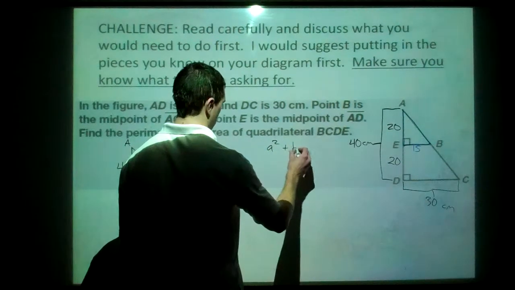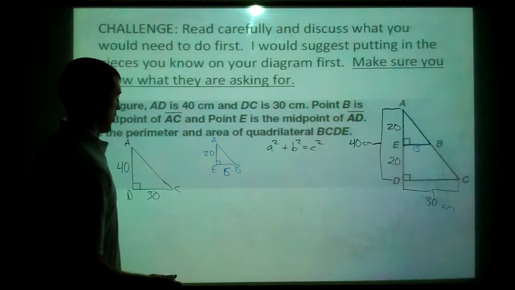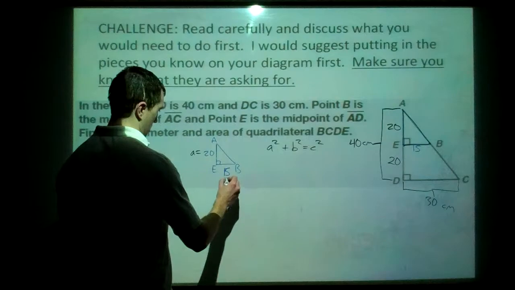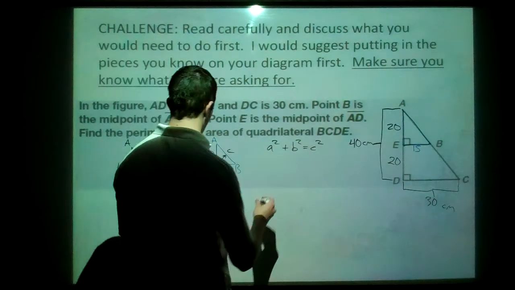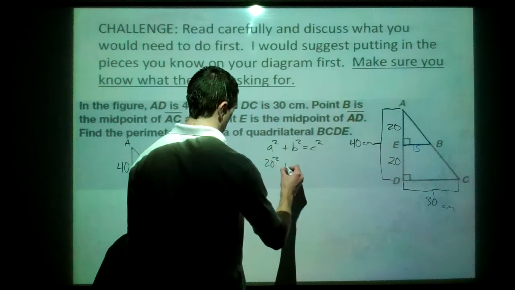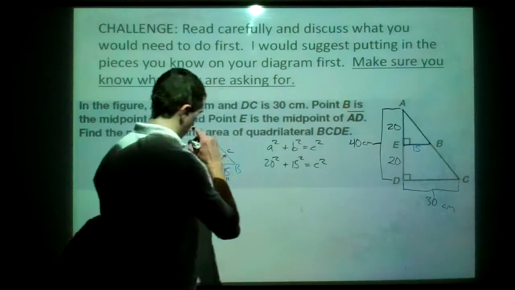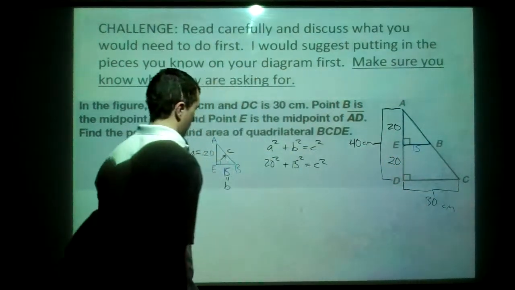A squared plus b squared equals c squared. Now we've got, let's call this A. We'll call this one B. And this is C, the one opposite our right angle. So we have 20 squared plus 15 squared equals c squared. And we're looking for c, so we can plug that in here, and then we'll get this length too.